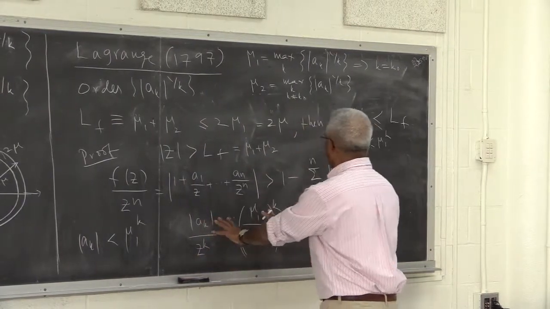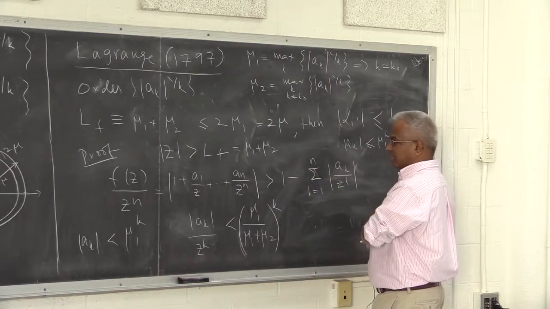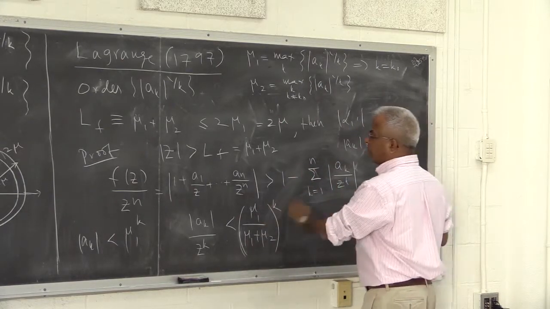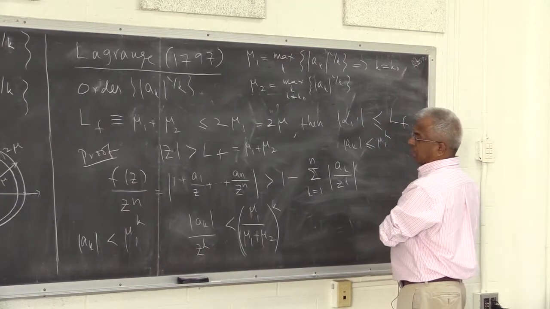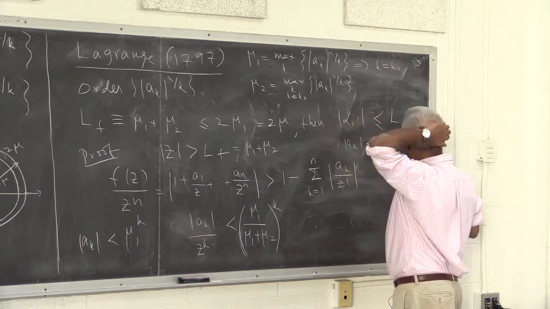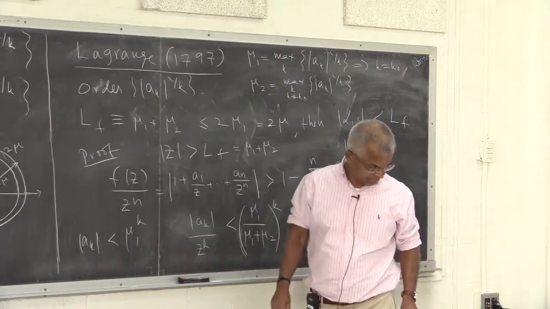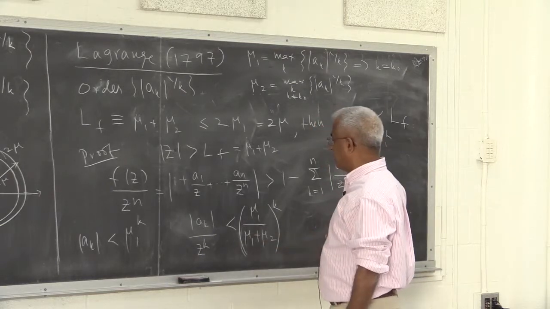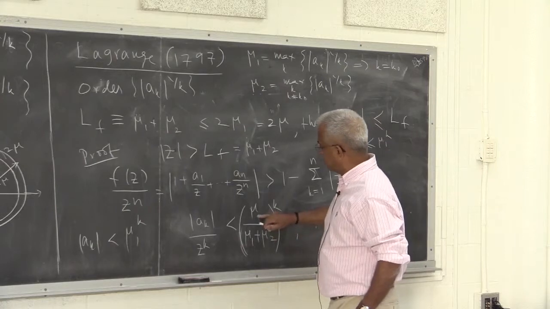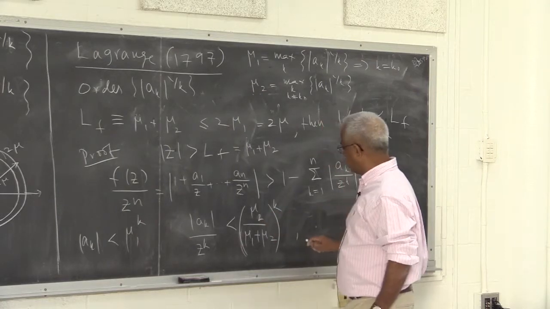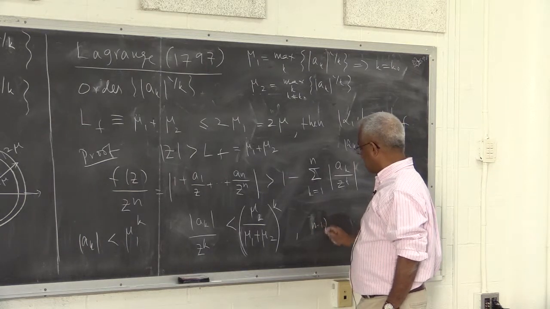So this inequality is true here for n minus 1 such terms with mu1. And if you replace here with mu2, this is true for n minus 1 such terms.